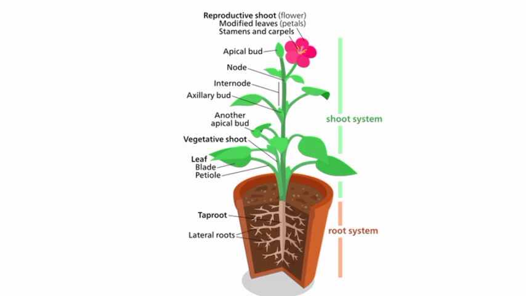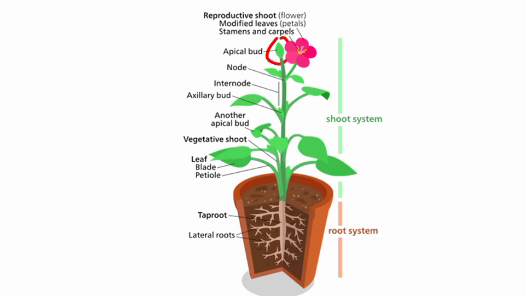The stem grows above the soil and it grows towards the sunlight. It has nodes and internodes. You can observe in the figure. Nodes are the parts of the stem where the leaf arises. The part of the stem between two successive nodes is called the internode.